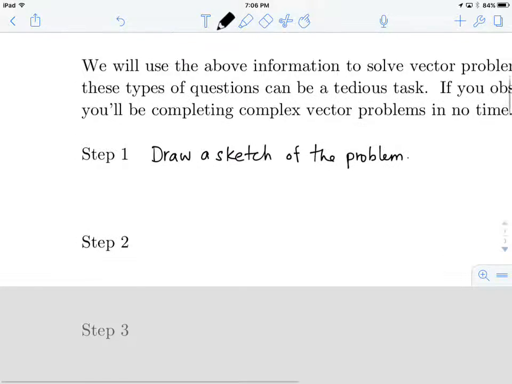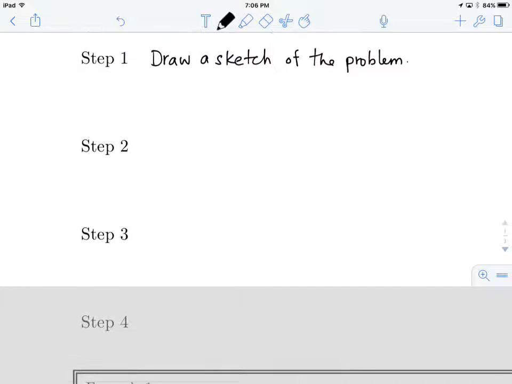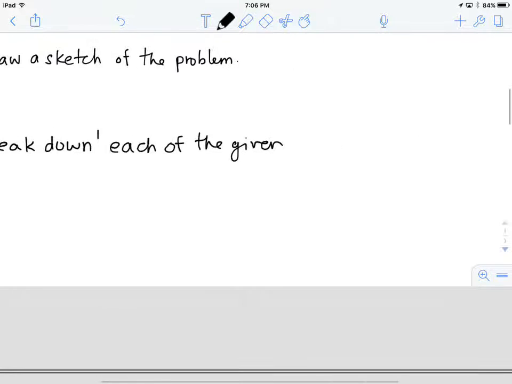Step number 2 is that we're going to break down each of the given vectors into components.